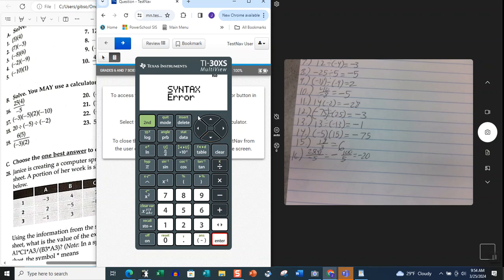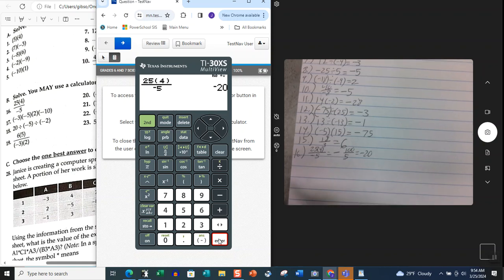It gave you an error message. The reason why it gave you an error message is because you want negative, and this is the negative key. So let me delete that, and then I can hit the negative key. So we had negative and then 5, and press enter, and it gives us negative 20.